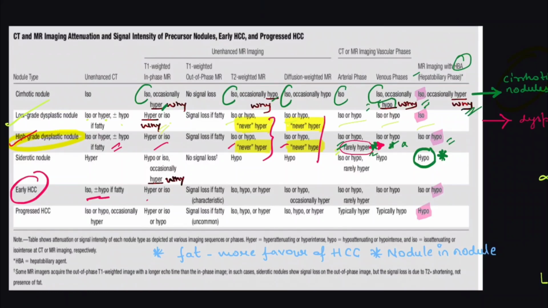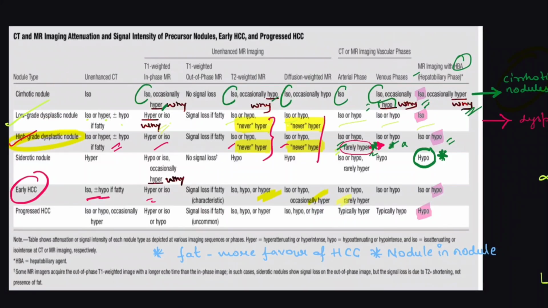Again, there are different permutations and combinations, but as carcinoma has occurred, they can be T2 hyper and can show diffusion restriction. From this point, T2 and diffusion are the main differentiating points.